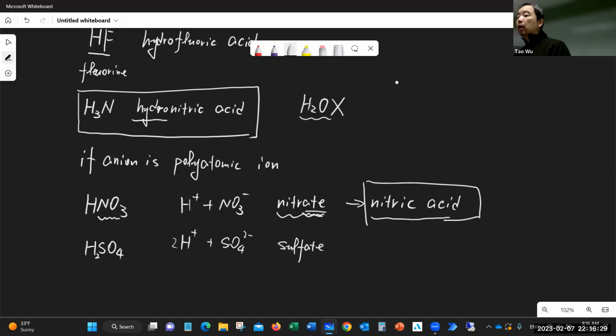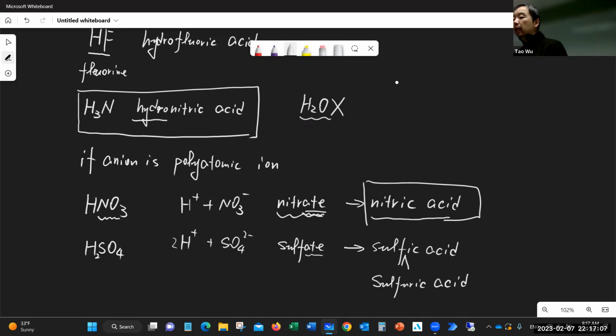Sulfate is a little bit different because you need to add a few letters. We still get rid of the ATE and add IC acid, but we need to add some letters between the F and the I. So we call this sulfuric acid.